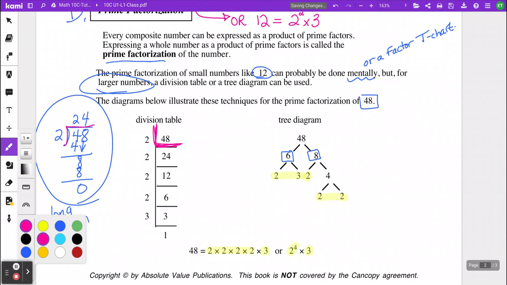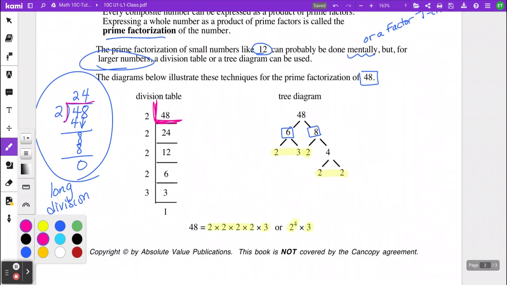So I'm going to use a different number, the number 16, and I'm just going to show you how to use the division table. I would start with my number 16. I would draw an L, so 16 is divided by 2. The answer of that division goes below, so 8. Then I'm going to draw another L, okay?